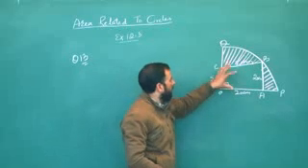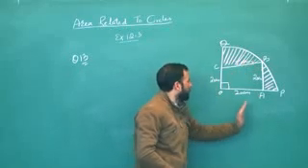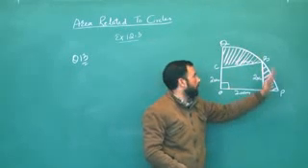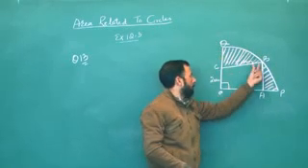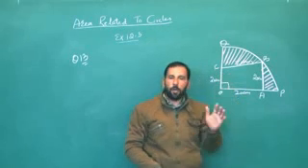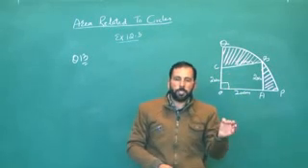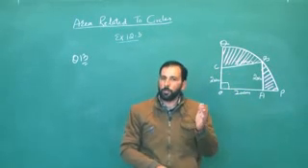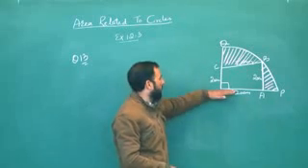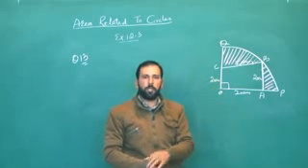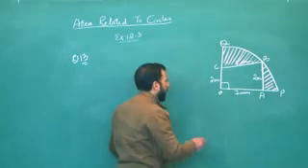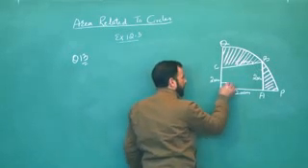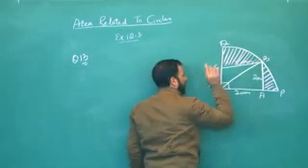So the area of the shaded region can be found as area of the quadrant OPBQ minus area of the square OABC. But the area of a quadrant is theta divided by 360 into pi r square. Theta is clearly here 90, but the radius of the quadrant is not given here. How to find out the radius? Clearly we can join this one, O to B, this OB.